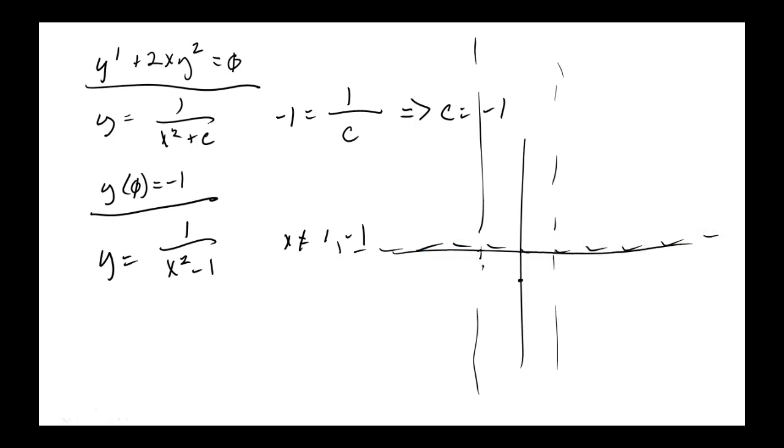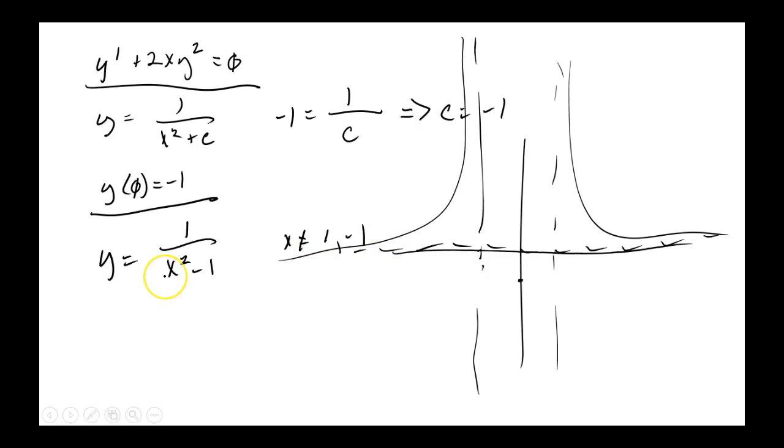And if you were to pick some other values here, when x is anything greater than 1, this is going to be a positive number, so you're up there. If x is anything less than minus 1, this will also be a positive value, so you're up there.